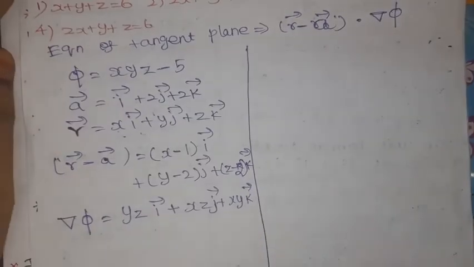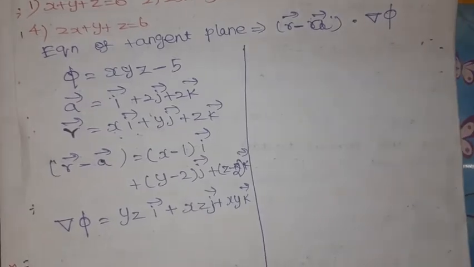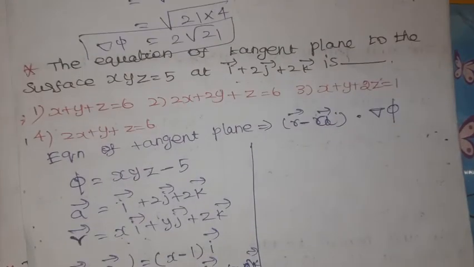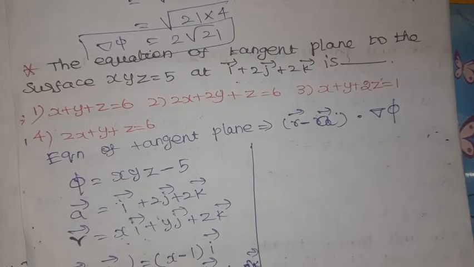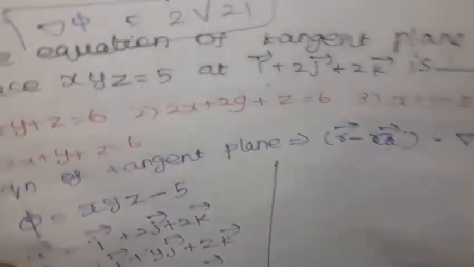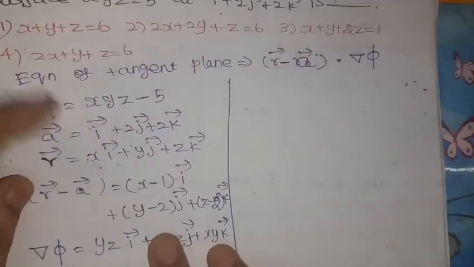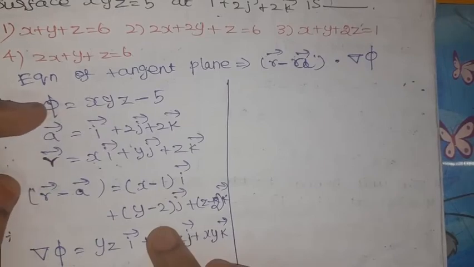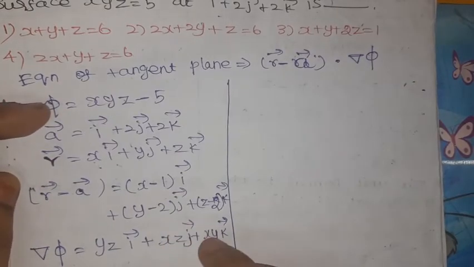So this is the del phi value. So we'll find r minus r naught, x minus 1 into the i term, plus y minus 2 into j, plus this.